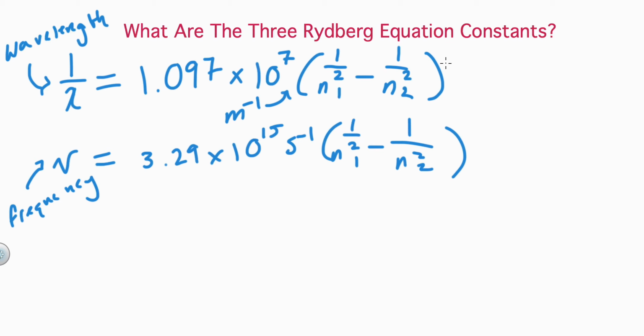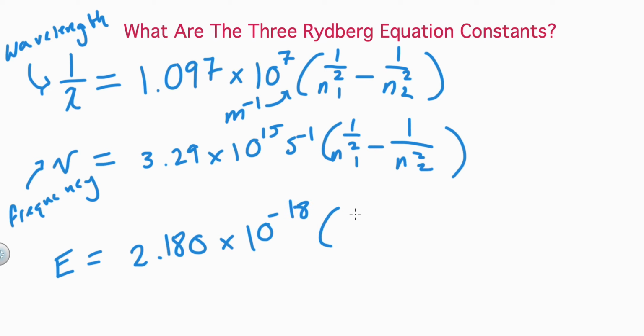Now, how do we go from frequency to energy, or change in energy? We'll just do energy for now. So the change in energy is 2.180 times 10 to the power of negative 18. And the same thing right here.